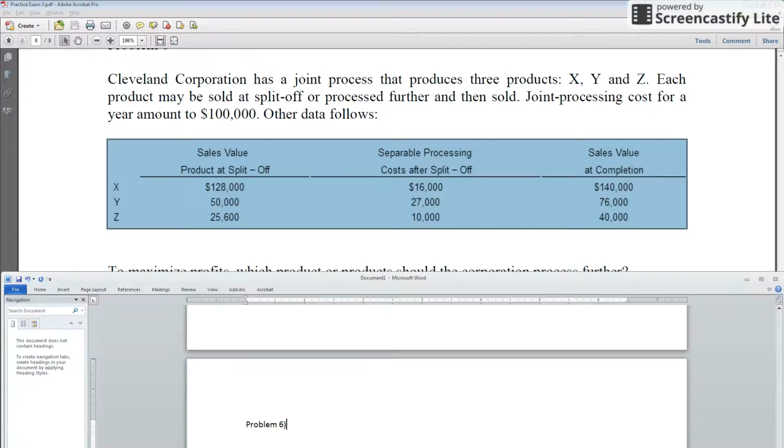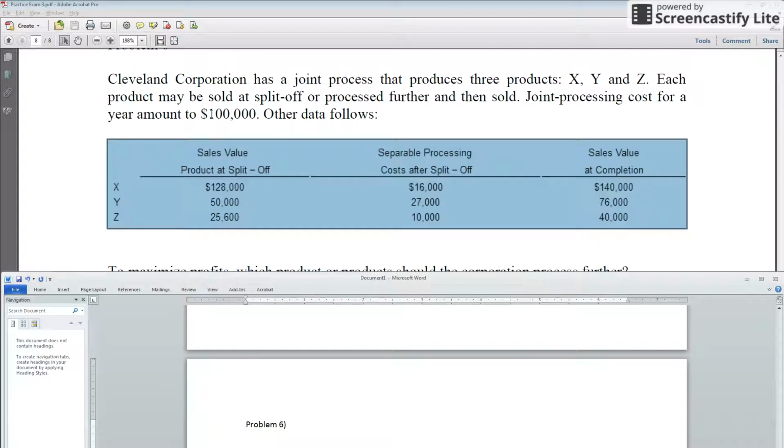So in this question, we have three different products, X, Y, and Z. If we have the raw material, we have to process that raw material. As a result of the processing of that raw material, we will have these three products, X, Y, and Z. The processing of that raw material is $100,000.